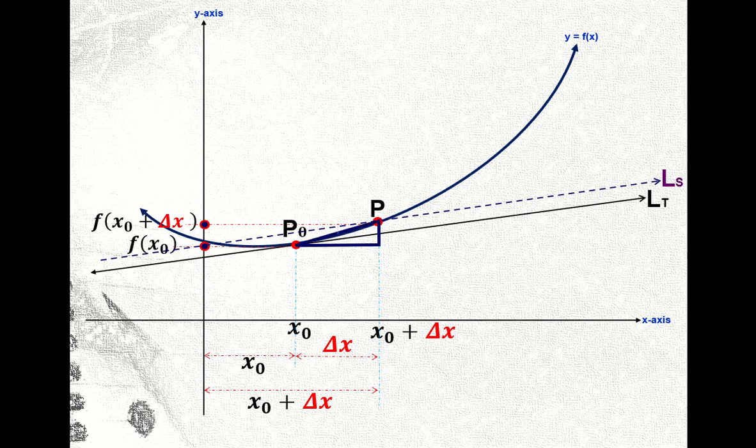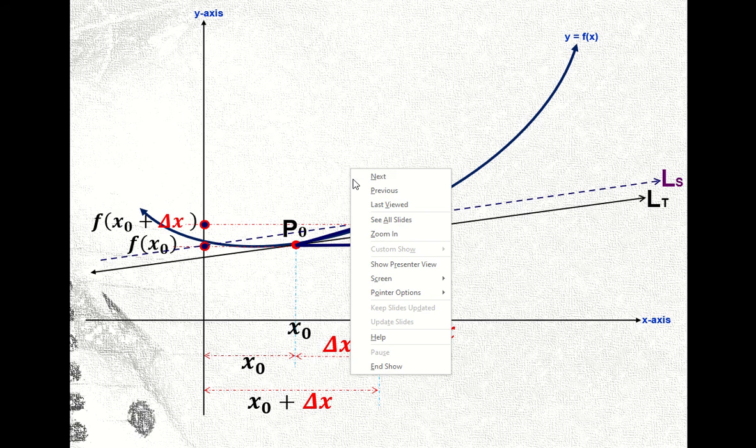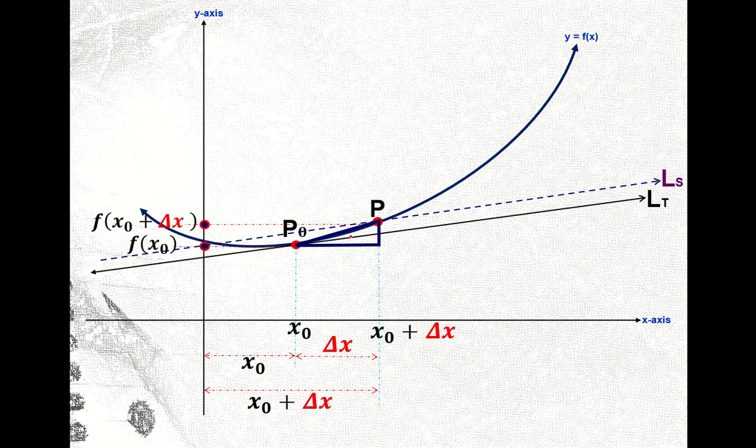So if we move this point farther down to P sub 0, as P approaches P sub 0, for example, the point is here.